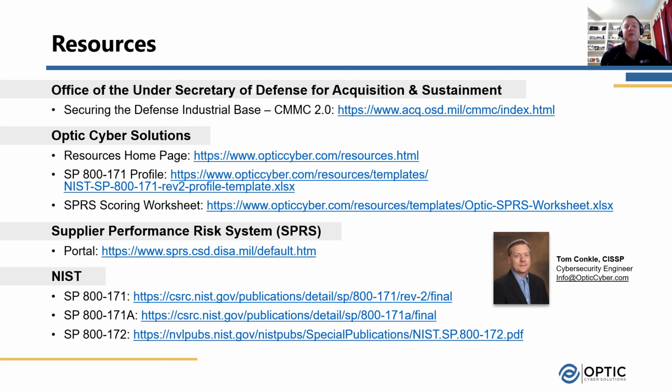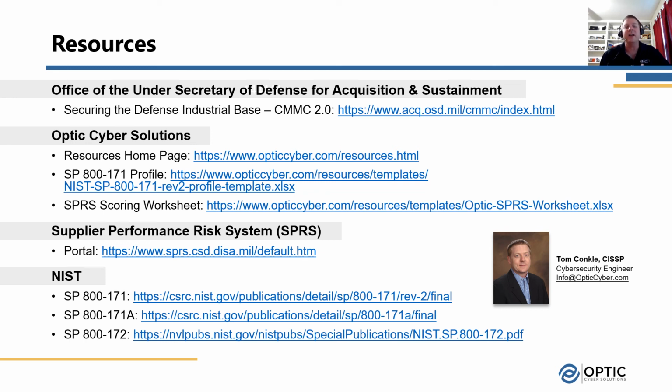Optic does have a few resources available on our resource homepage, including a 171 profile. If you wanted to get started on defining or documenting your cybersecurity program, the profile becomes a management tool so that you understand the capabilities that you have in place as it relates to the 171 requirements and can identify if you have gaps or where enhancements need to be put in place so that you know if you're ready for CMMC 2.0.